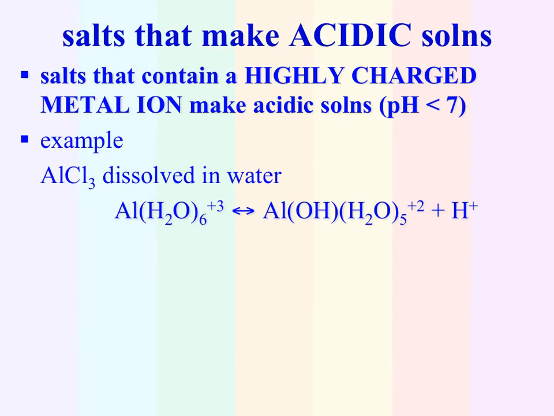Okay, we also talked about other types of salts that can actually make solutions acidic. And those deal with the highly charged, very small metal ions, such as aluminum plus 3 or iron plus 3. So when AlCl3 gets dissolved in water, it actually produces basically this hydrated complex.